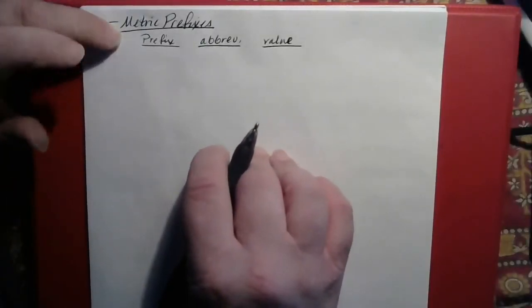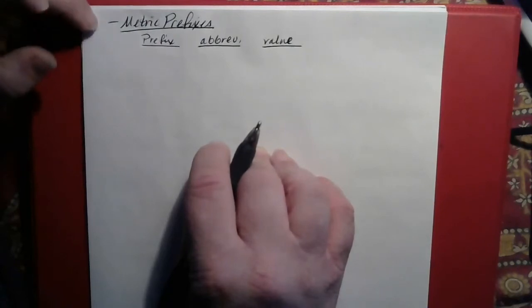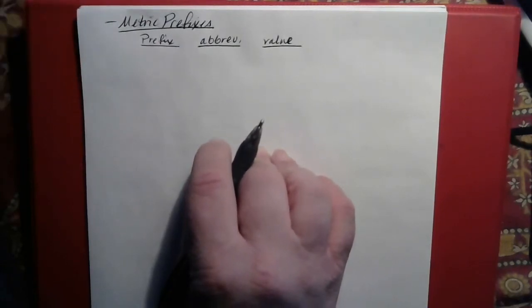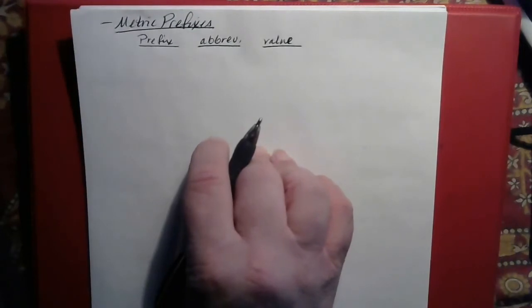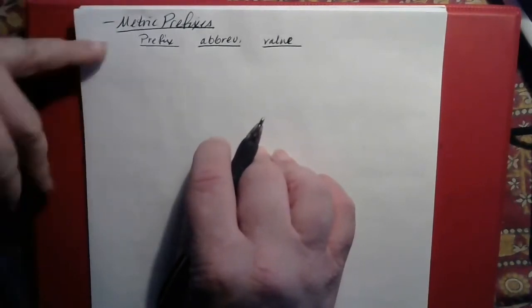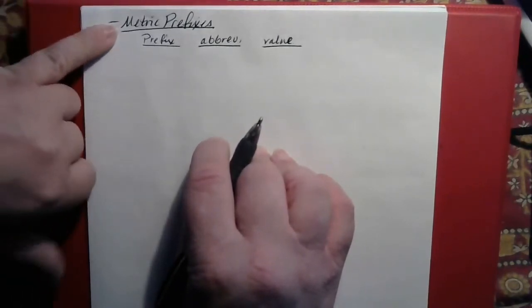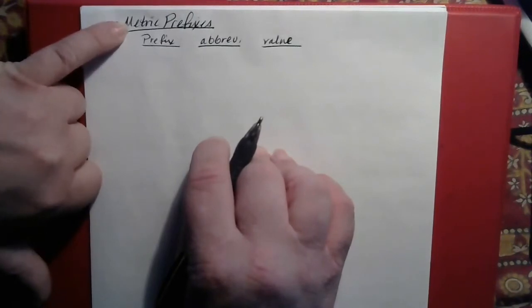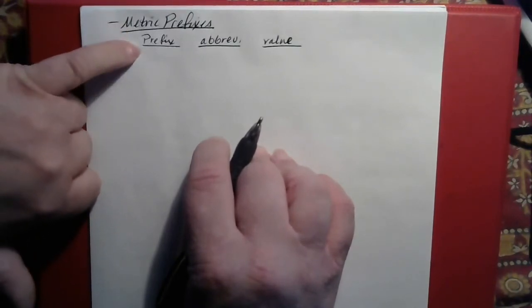We've been talking a bit about the metric system and how we use that a lot in science. And the way, as I've mentioned, that you change the magnitude of a unit in the metric system is by adding or changing the prefix that's used before the name of the unit.